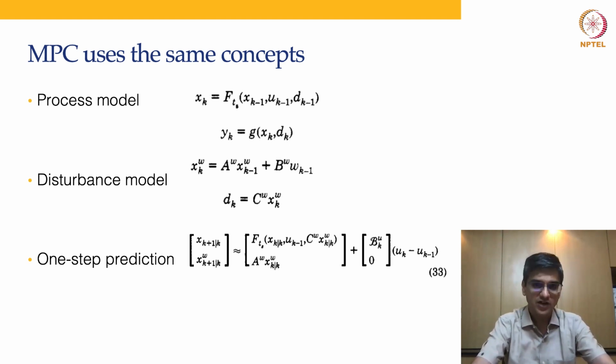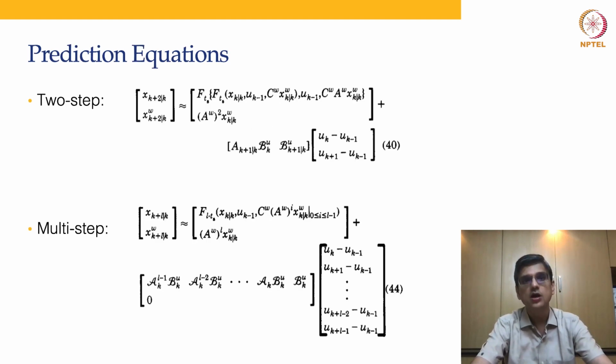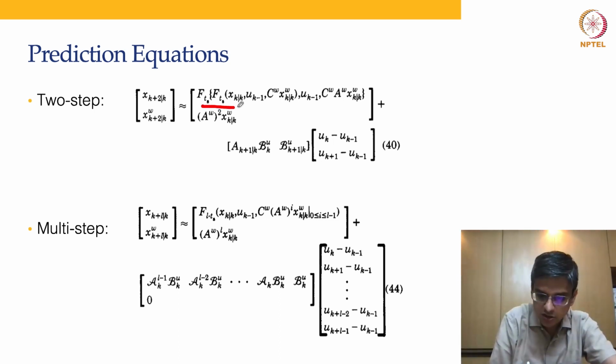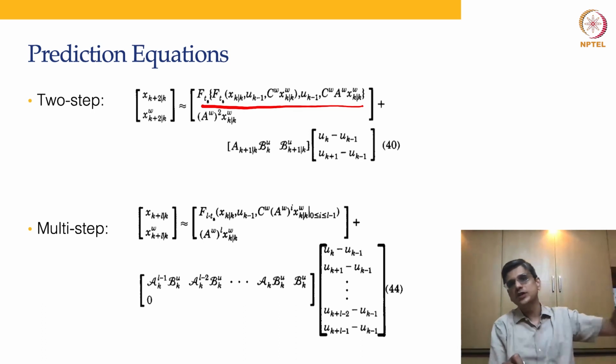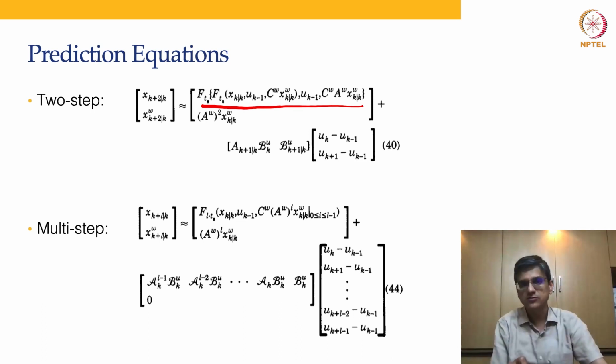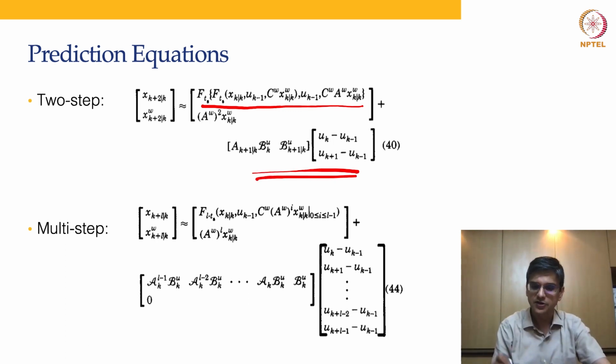Okay, for the one-step prediction, they do use the original nonlinear model, but for the future predictions they use a linear model. So the original nonlinear model, assuming that u is kept constant at u_{k-1}, and the difference between what u_{k-1} gives versus u_{k+i} gives, that difference is captured by this particular term.